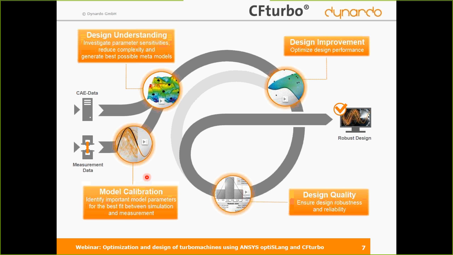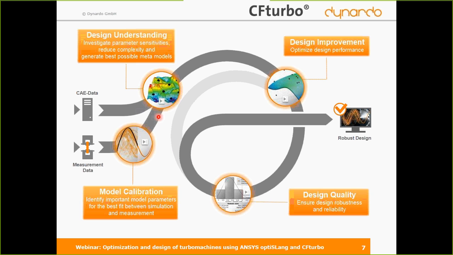This slide expresses the best practice recommendation for robust design optimization. We always start with the process and automation, which I described before, so to automate your process. The next step is an optional one, do a model calibration. Here we can identify important material model parameters and find a good fit between measurement and simulation. The first crucial point in our loop is then the design understanding process, which is our sensitivity analysis.